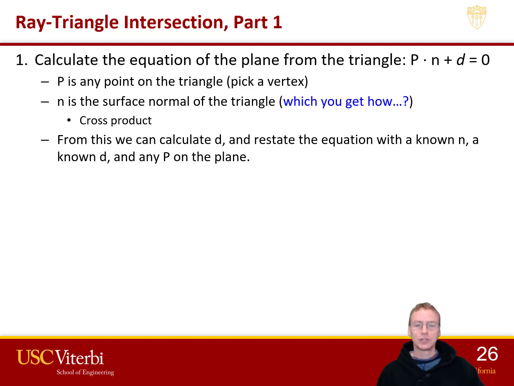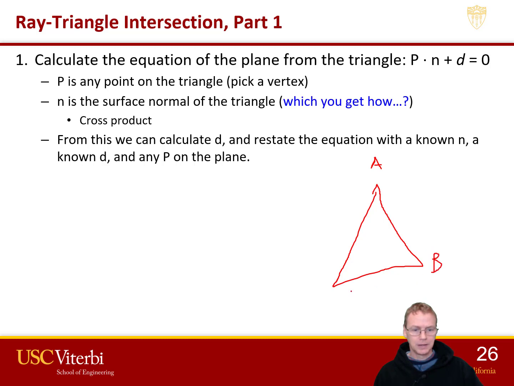Let's look at how to get that from a cross product real quick. Let's say we have some triangle, A, B, C. We can take vector AB cross with vector AC.